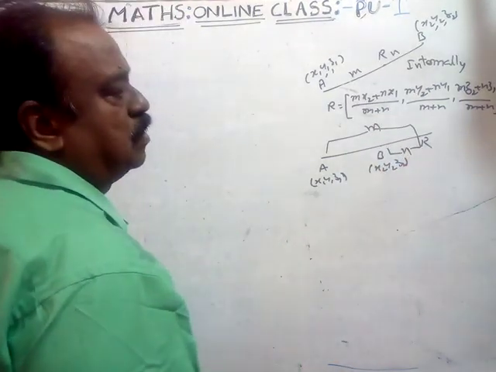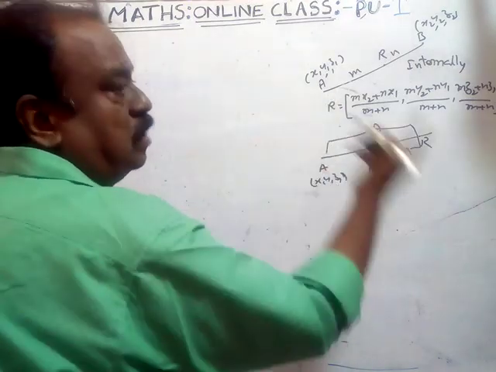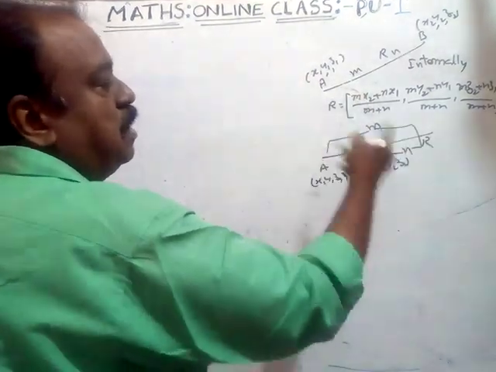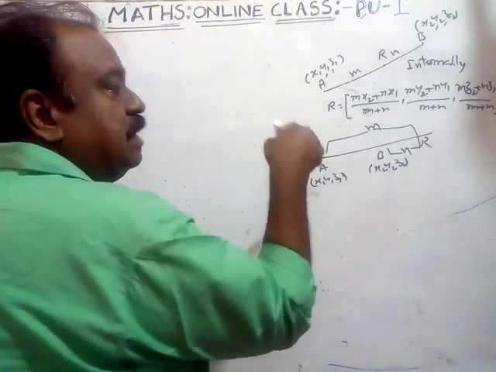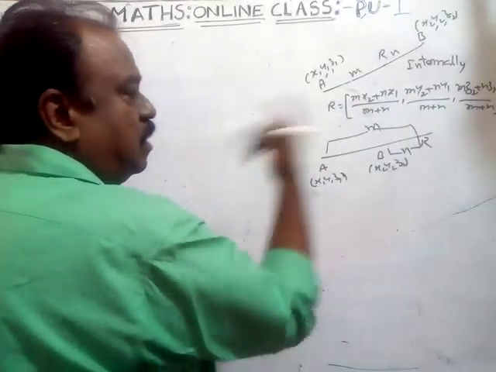That R point is outside, external to the line segment AB. Not inside AB, it is outside.